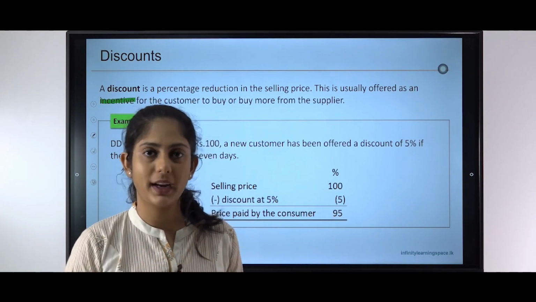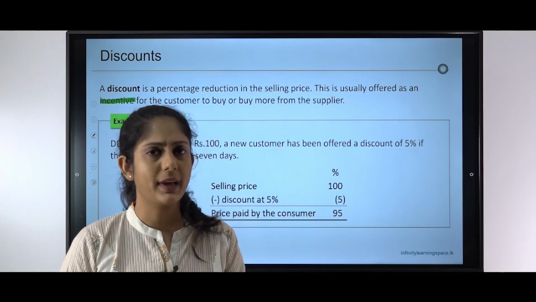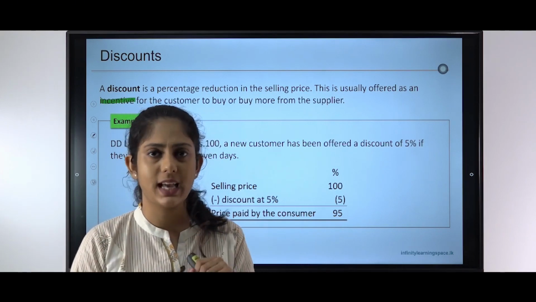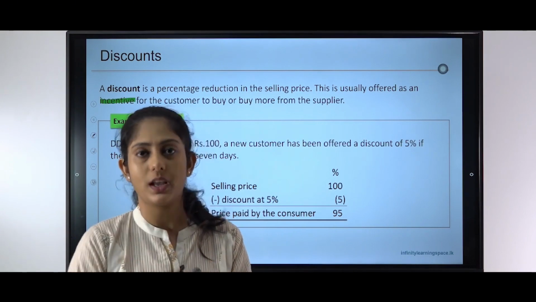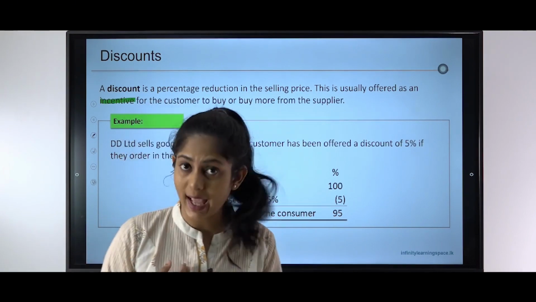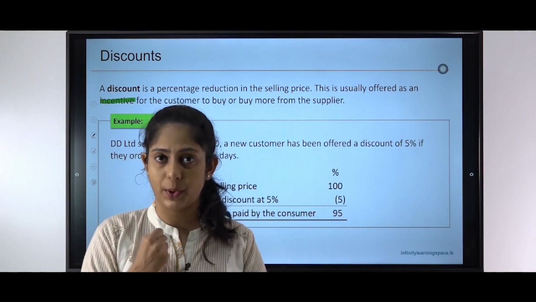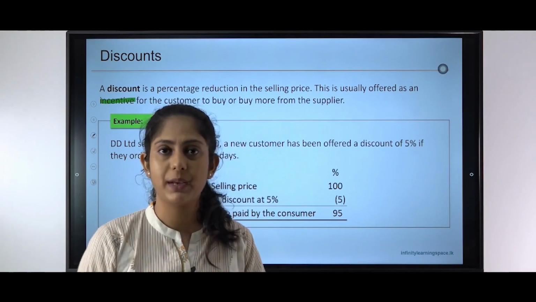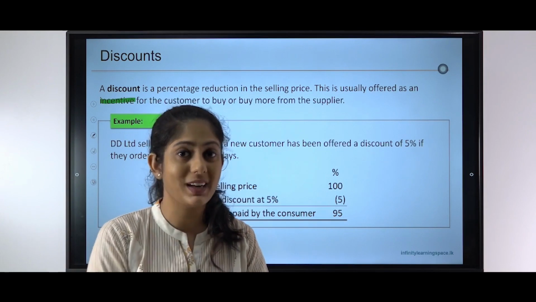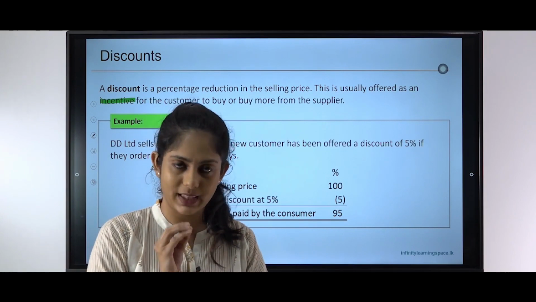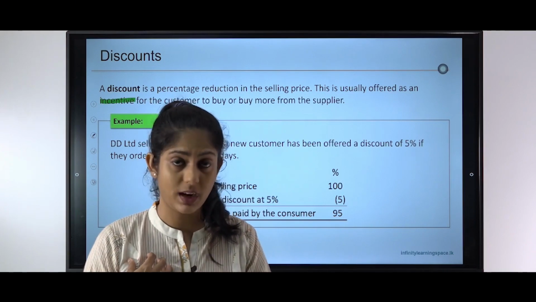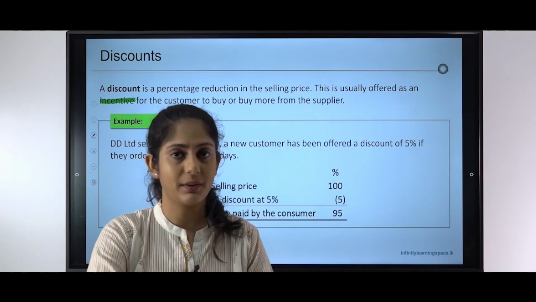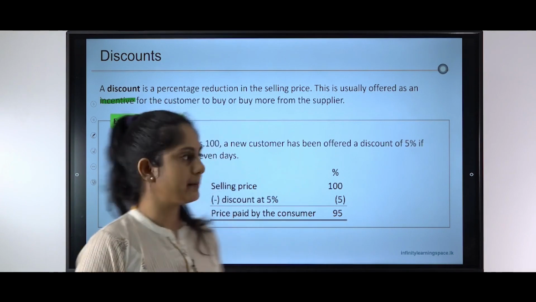But the supplier might also say, if you pay it within 5 days, I'll give you a 5% discount, a small discount. Still, I might take it. If I have cash, I might take the discount and get that 5% discount and pay them lesser, right? So that way it's a benefit to me. So the supplier can give me a discount in a business, or I can give my customer also a discount.